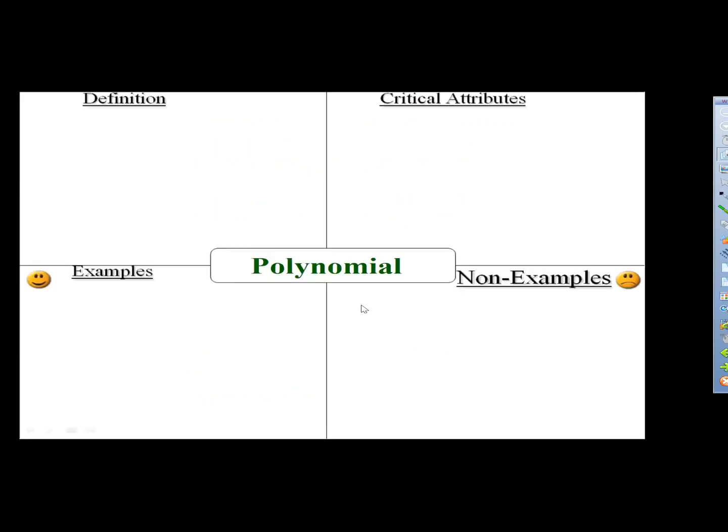So, polynomial. Now, check this out. Without looking at your notes, fill in that FAIR model on your paper. Give me a definition, one example, one non-example, and a hashtag. If you forgot the definition, then start with the examples, non-examples. What are polynomials?